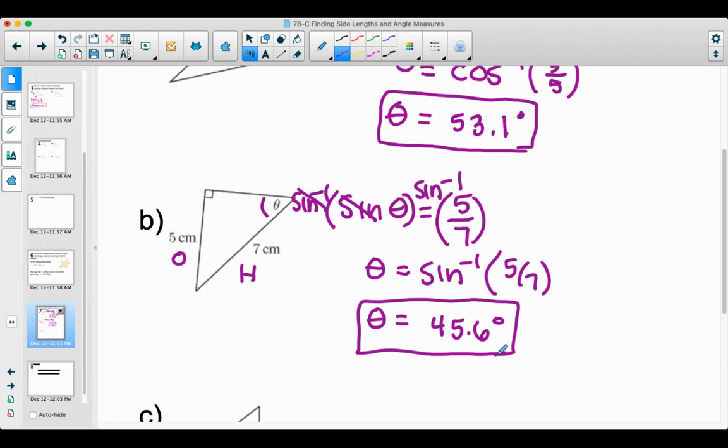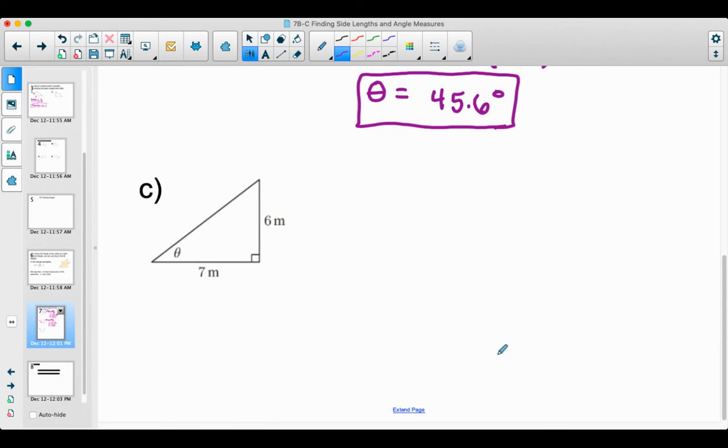So there's an example of sine, and now let's take a look at an example of tangent. So again, here's our angle. This would be my opposite. This is my adjacent, which is why we're going to use tangent. So we have the tangent of theta is equal to opposite of 6 over adjacent of 7. And then to get rid of that tan, we have to go tangent to the -1 on both sides.